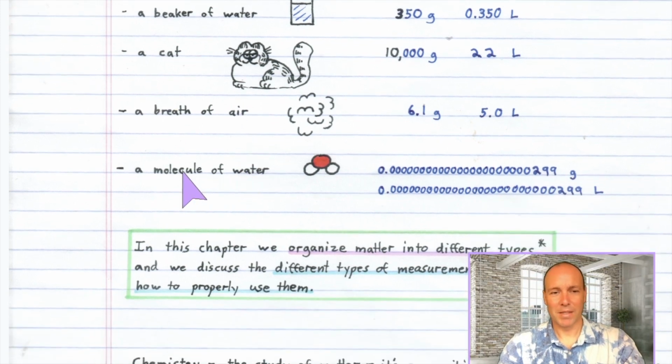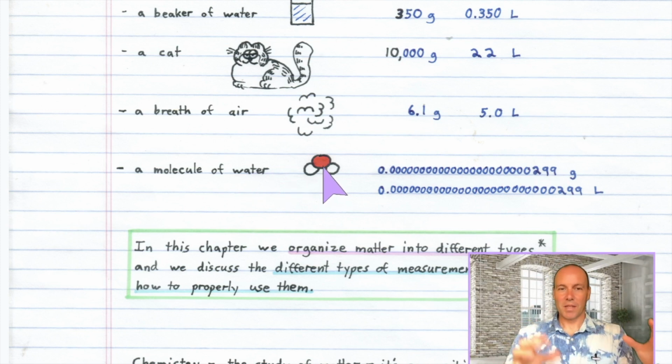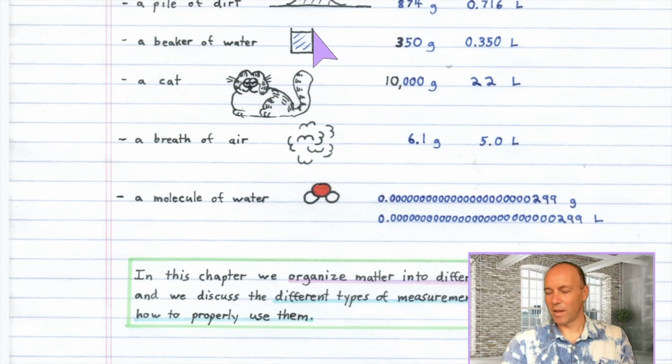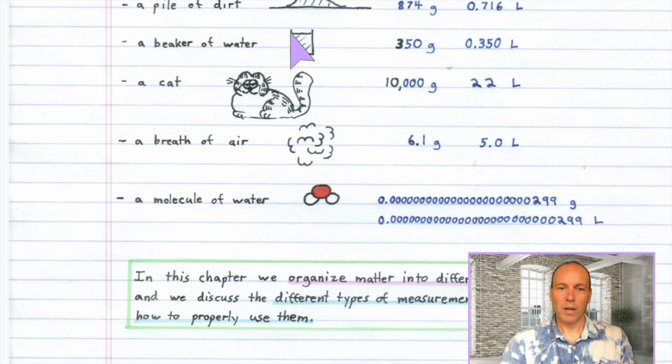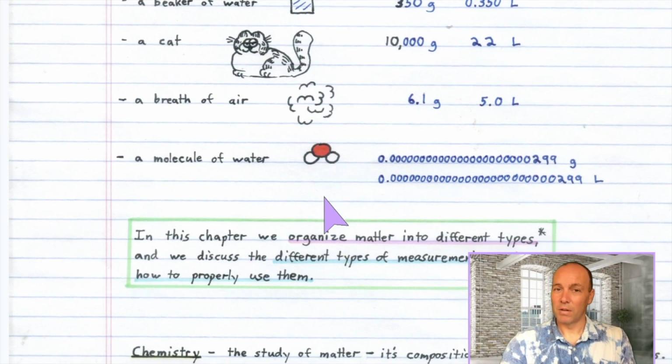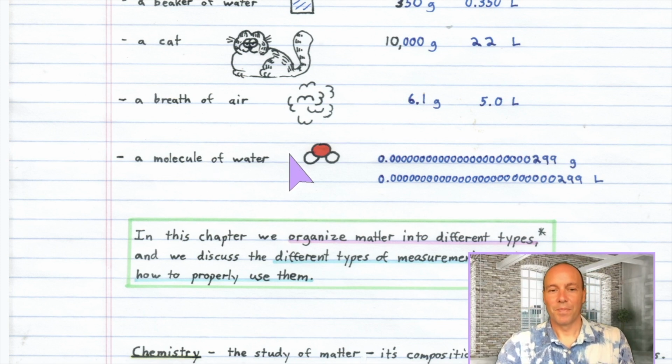Then the last example that we take a look at is a tiny molecule of water. Now, water is a substance. Here we're talking about a beaker of water. Well, a molecule of water is the smallest particle of water. We'll talk later about terms like atoms and molecules and ions and stuff, but water is made of tiny particles and we call them water molecules.